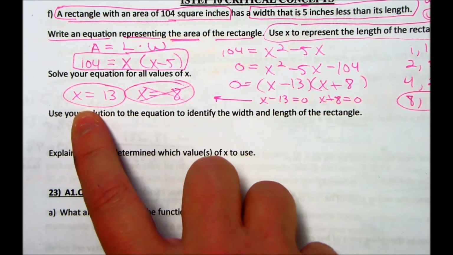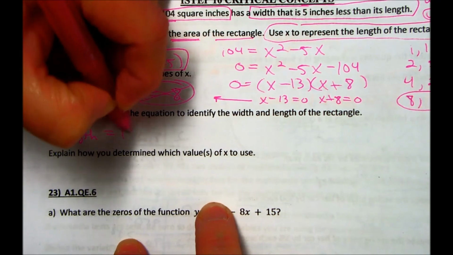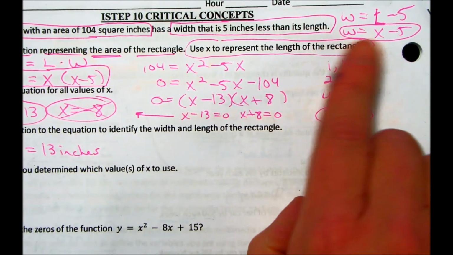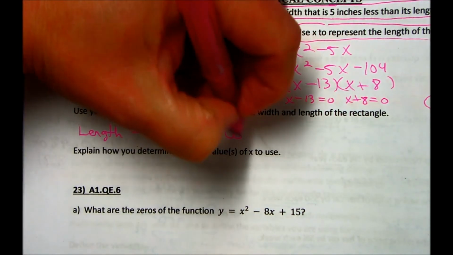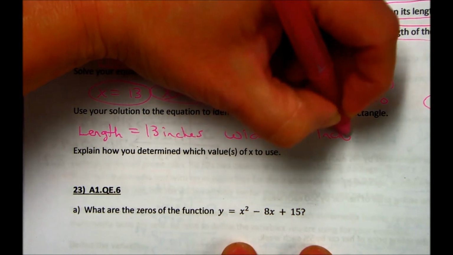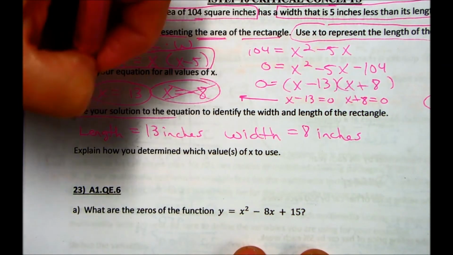So x is our length, so the length is going to equal 13 inches. Since your width was 5 less than the length, just subtract 5 from 13 and you get the width is going to equal 8 inches, which usually ends up being the opposite of what your other solution was.